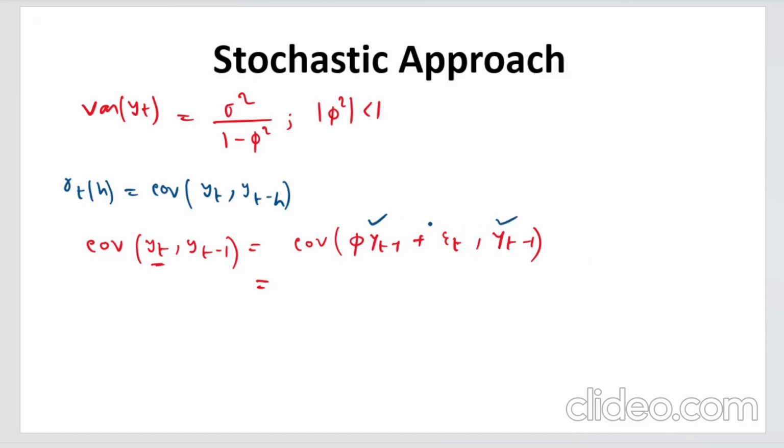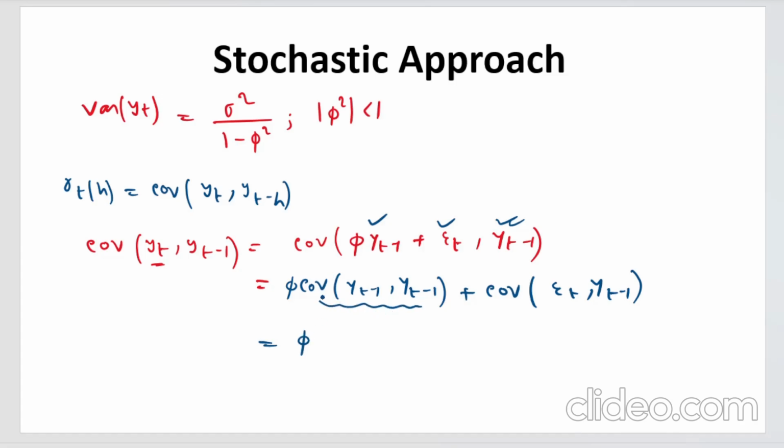Now take pairwise covariance, right? So covariance of this, phi will come out, yt minus 1, plus covariance of epsilon t and yt minus 1. Now what is this? Covariance of yt minus 1 with itself is variance of yt minus 1, right? Plus this part.